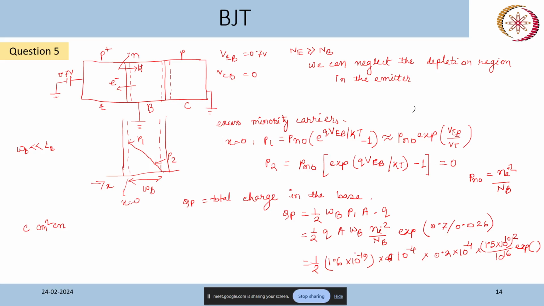So this will be per centimeter cube. Okay, and this term is unitless. So what we have is coulomb, so which is the unit for charge. Okay, so what will be the answer here?